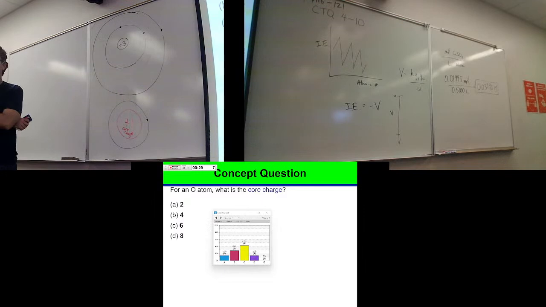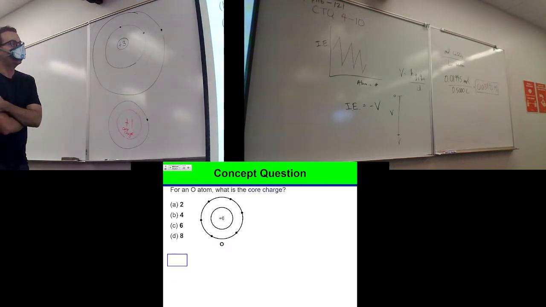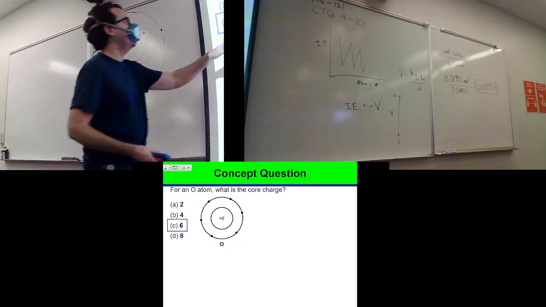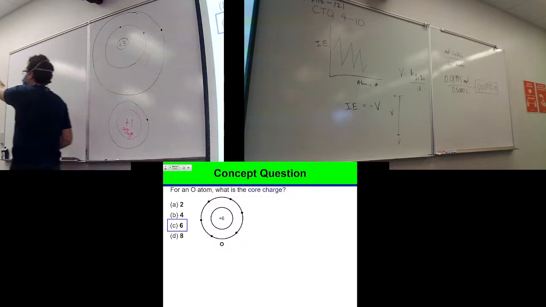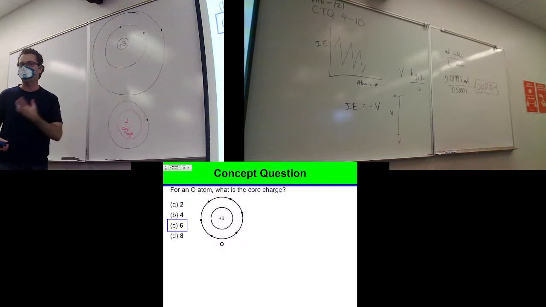Answers are all over the place, which is expected because we haven't really gone over this in detail. The core charge is going to be 6. It comes from taking the number of protons, which is 8, and subtracting the inner electrons, which is 2. 8 minus 2 is 6.